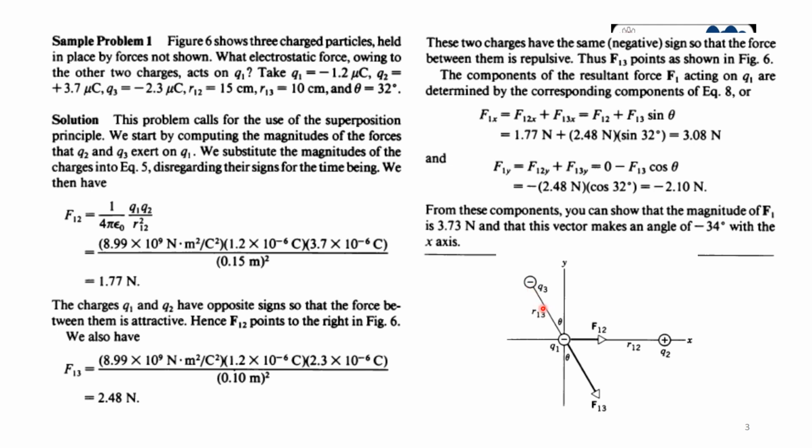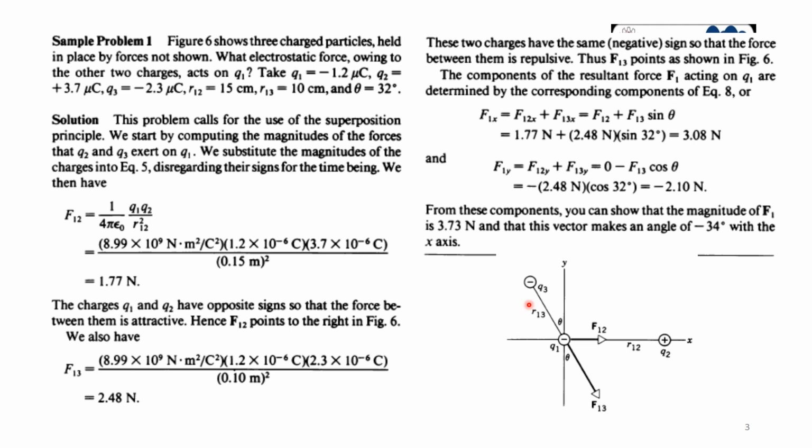R13 is the distance from charge 1 to charge 3, means Q1 to Q3. So R13 is 10 centimeter, where theta is equal to 32 degree. If we consider Q1 and Q3, there is a force which will be exerted, and Q1 and Q3 both have the same negative sign.